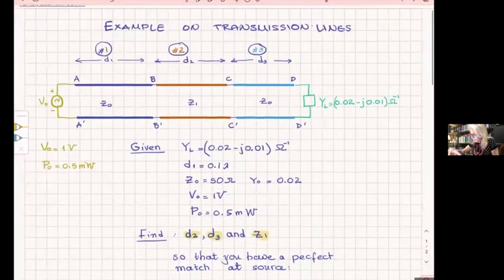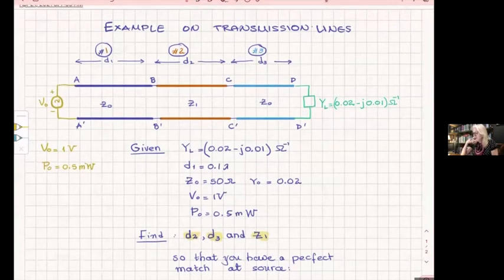All right, so here is how I'm thinking about this problem. I have a load which obviously is not matched. It is an admittance which has a real and imaginary part, definitely not matched, no matter what the values are. And this is on a line Z0, and then there is another line with Z1. I don't know D3, I don't know D2, I don't know Z1.